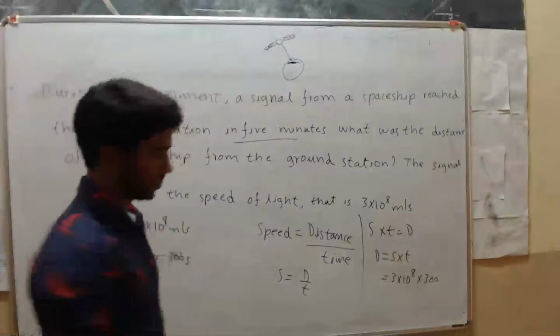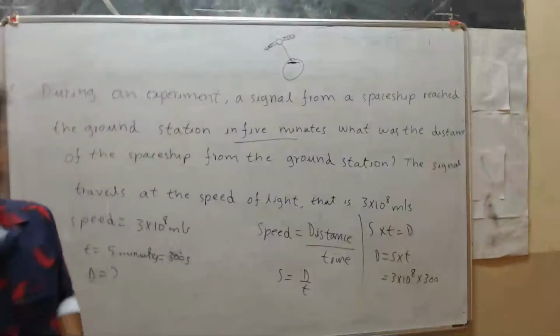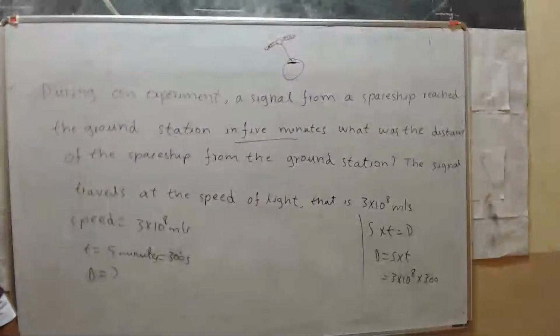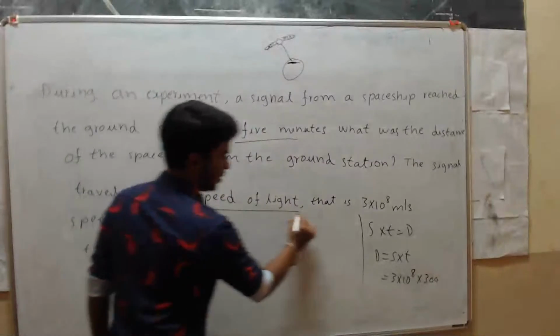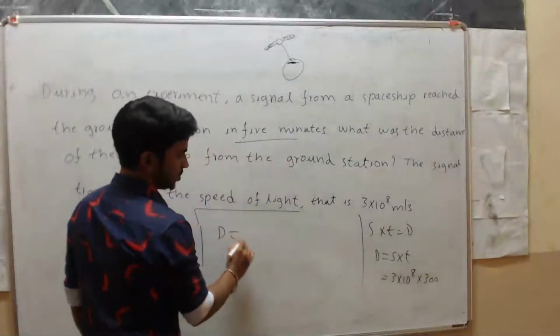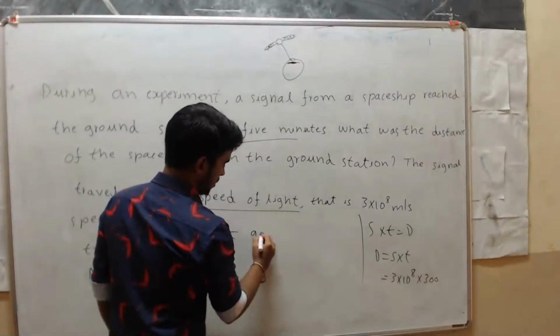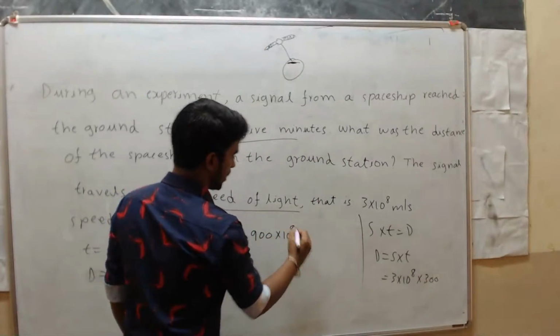See here. So now I'll write here distance is equal to 3 into 300, that is 900 into 10 raised to the power 8.